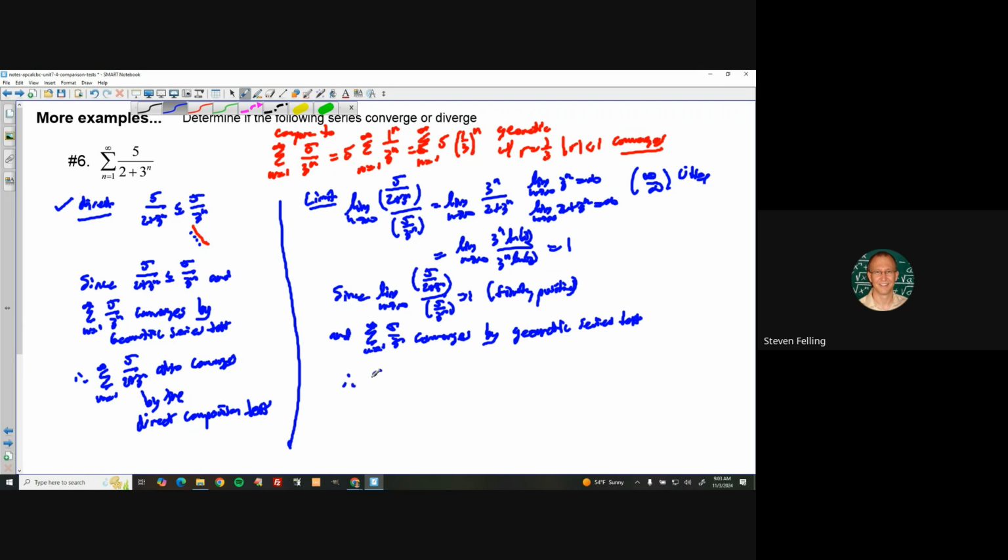Therefore, the series n equals 1 to infinity of 5/(2 + 3^n) also converges by the limit comparison test. Okay, so in this case, direct comparison will work, limit comparison will work. There's a little bit less writing with the direct comparison version. I apologize for the writing on this. I'm using a tablet, so it's a little bit shaky.